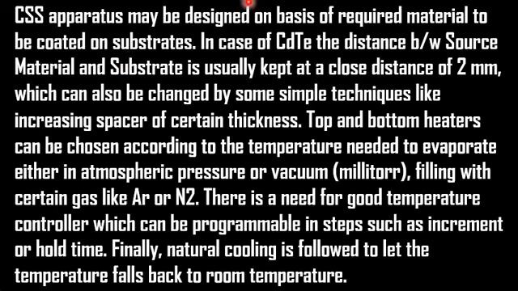In case of cadmium telluride, the distance between the source material and substrate is usually kept at a close distance of 12 millimeter. So, student, please note that the melting point and other physical parameters are also associated with the distance between the precursor material and substrate.